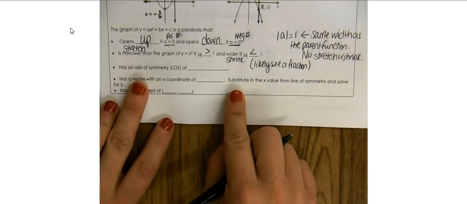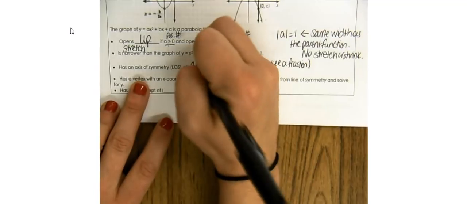Once again, your axis of symmetry or your line of symmetry is going to be the equation x is equal to the opposite of b over 2a, remembering that this means the opposite of b. And it's going to be a line that needs to be dashed and vertical.